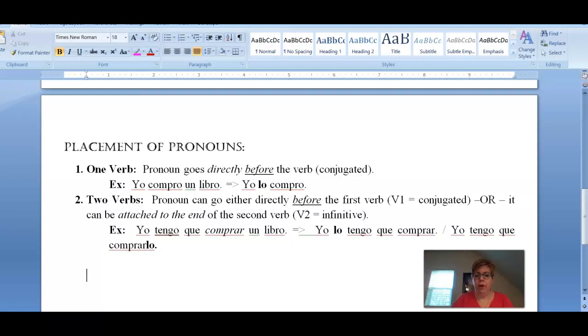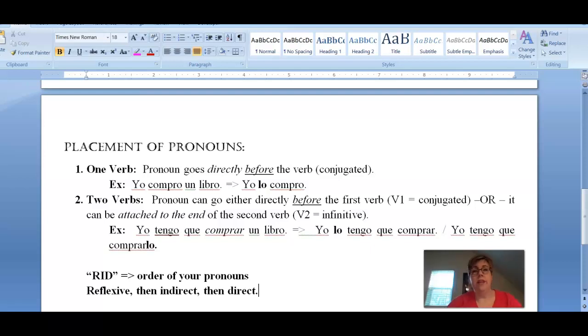Okay. So what happens if you have two pronouns together? Right? Well, we're going to remember rid, like rid bug spray. Okay. So this is the order of your pronouns. So your order is going to be reflexive, then indirect, then direct. Okay?